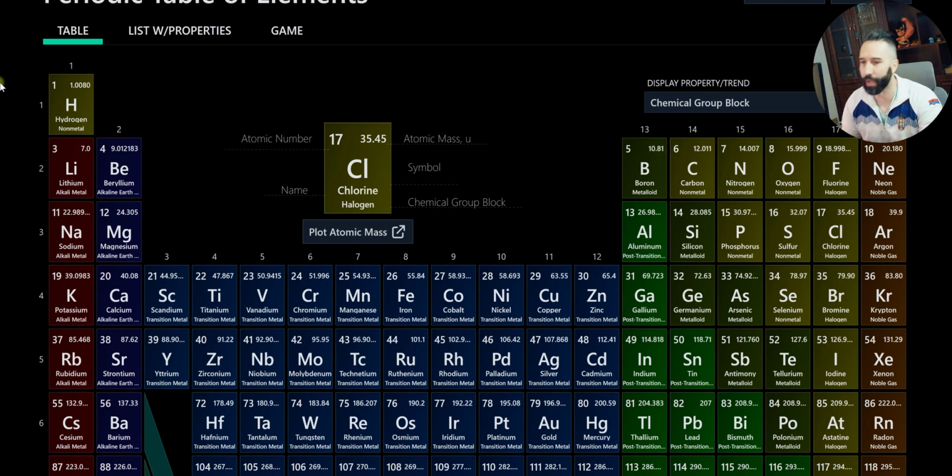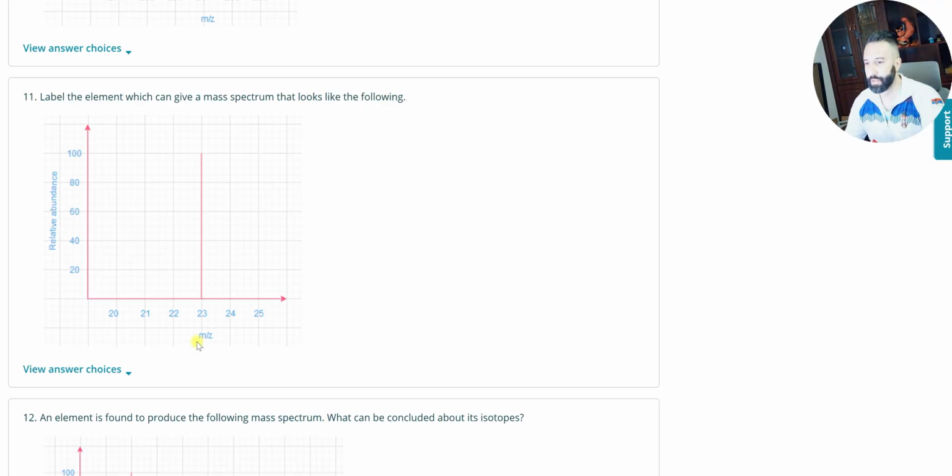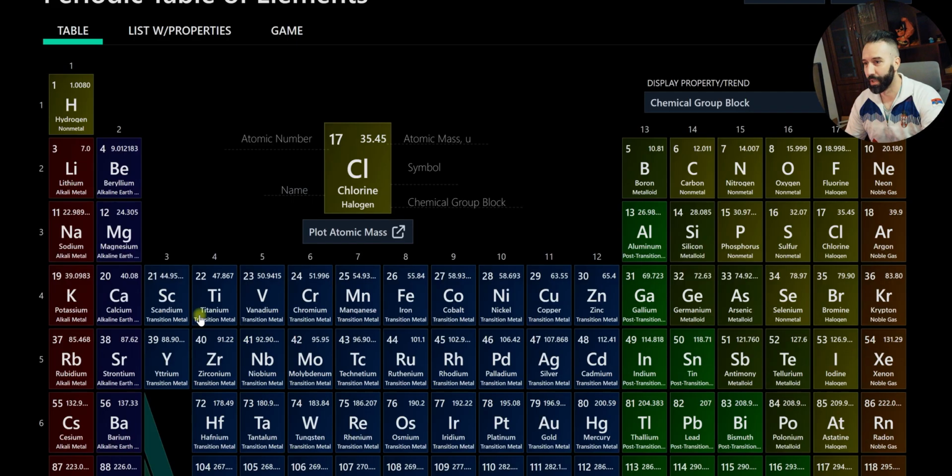So if you keep going, you need to get to something which has the mass number of 23. Actually, there is only one element which is close to 23, and that's sodium, 22.989.